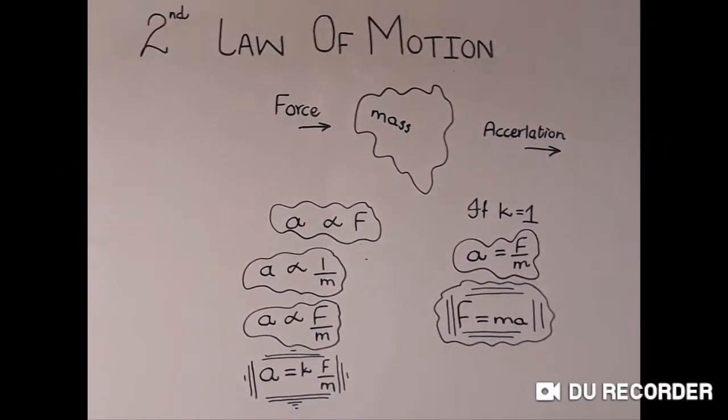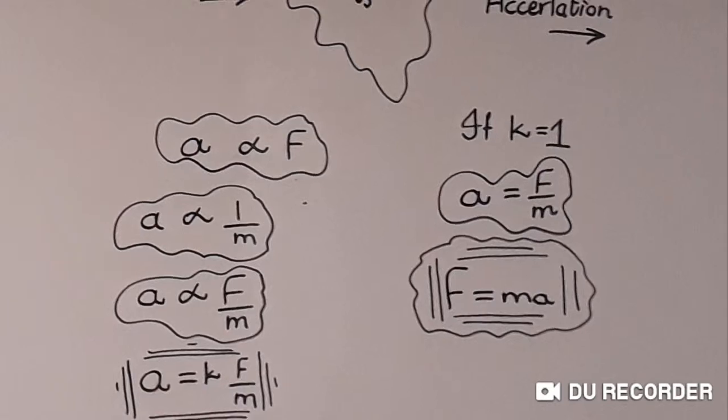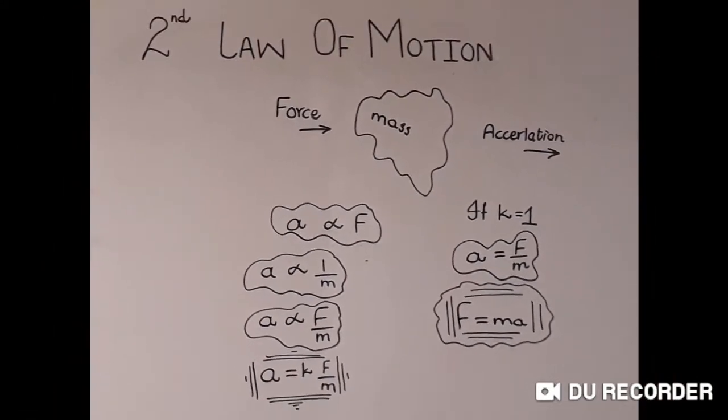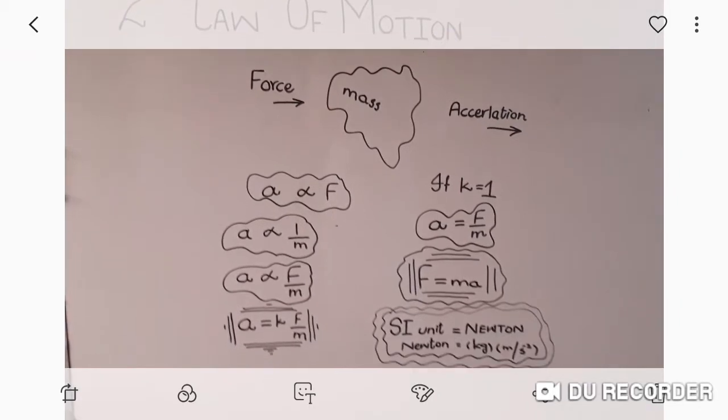Whenever we have to find the magnitude of the force acting on any body, we simply multiply the mass of the body by the acceleration produced in the body due to that force, and as a result we find the magnitude of that force.